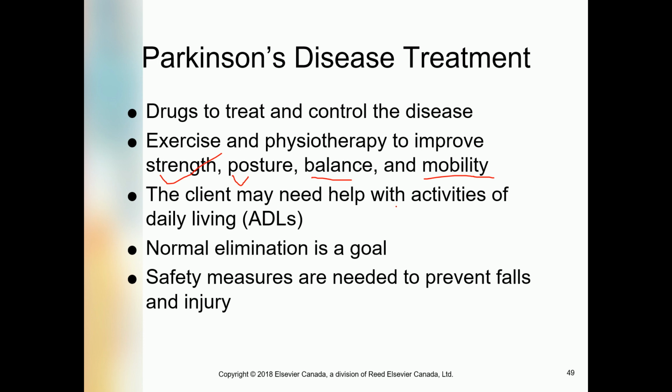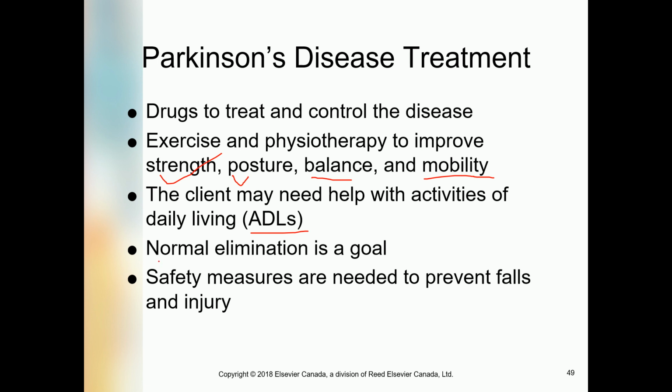The client may need help with the activities of daily living. Activities of daily living means what? It is all about early in the morning, like personal care, peri care, mouth care, oral care, taking a shower, eating food, preparing food, going grocery shopping, and all other things that become the activities of daily living, doing some range of motion exercise, etc. Normal elimination is the goal.